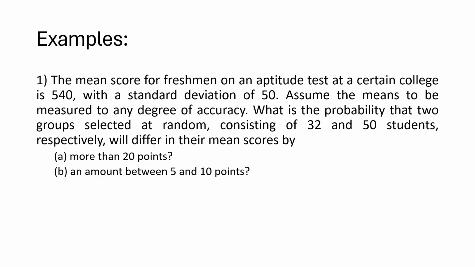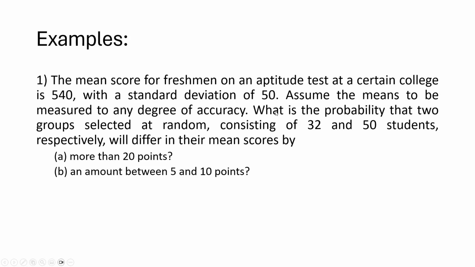The mean score for freshmen on an aptitude test at a certain college is 540, so the population mean is 540, with a standard deviation of 50, so the population standard deviation is 50. Assume that the means can be measured to any degree of accuracy.